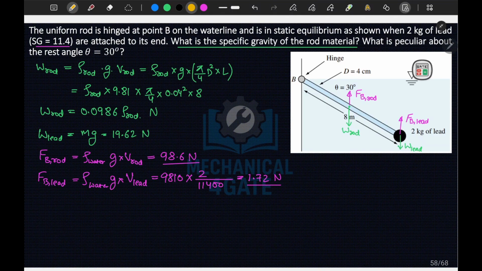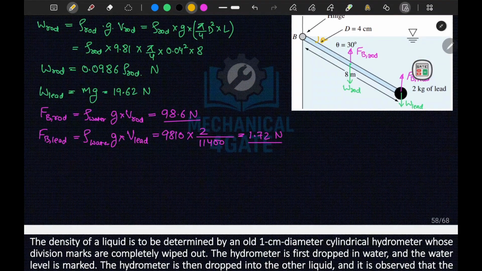And if this angle is theta, then the summation of moments about B will be equal to 0.